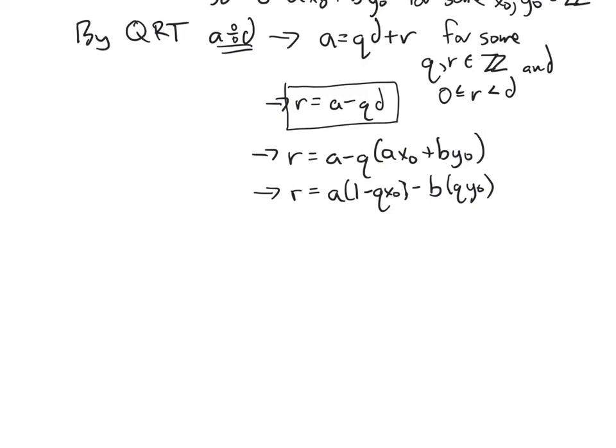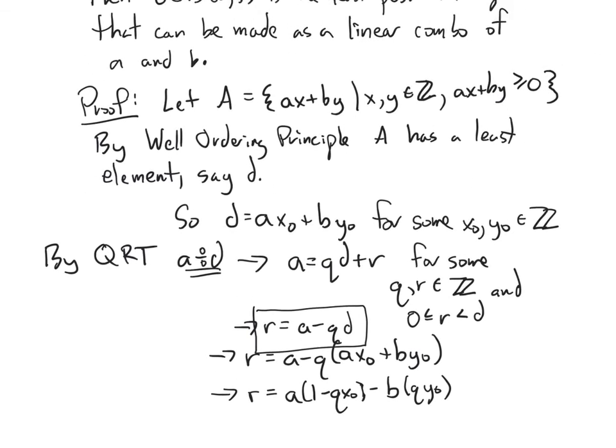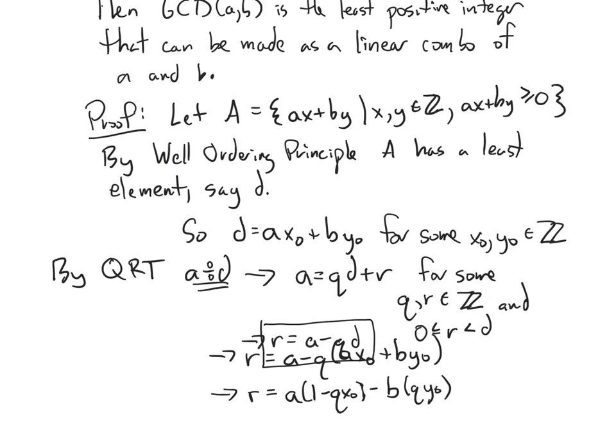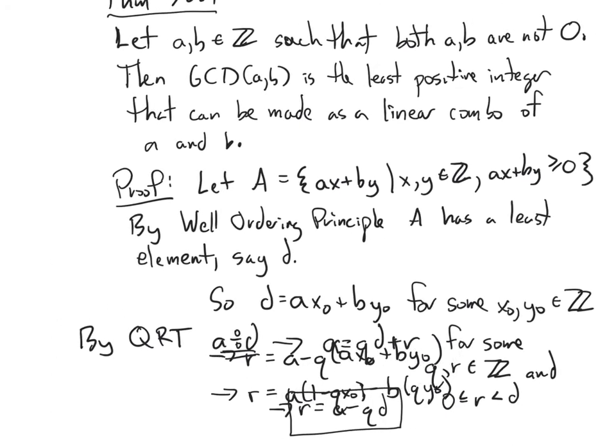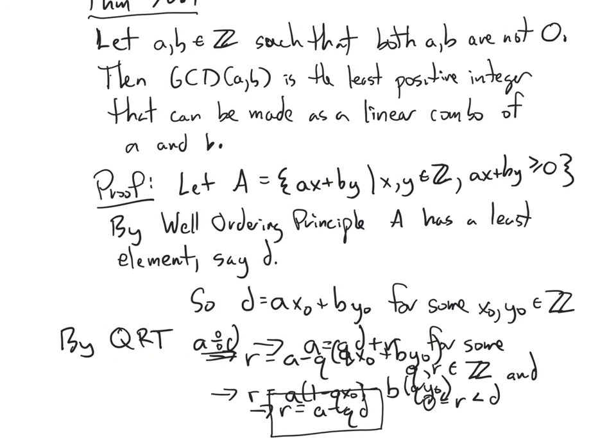Remember, R is a remainder. So if R is a remainder, it means it's less than D, or it's 0. But actually, sorry, I misspoke above and I miswrote as well. So we don't want non-negative. It says up here we want the least positive integer. So let's take them as positive integers.